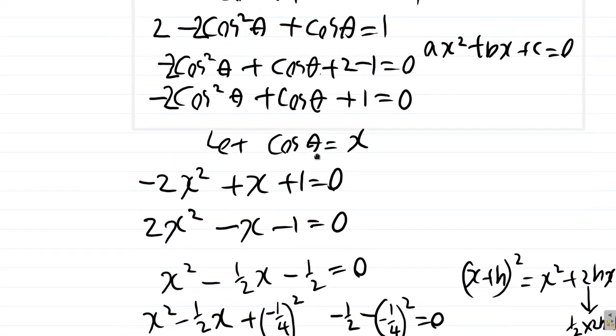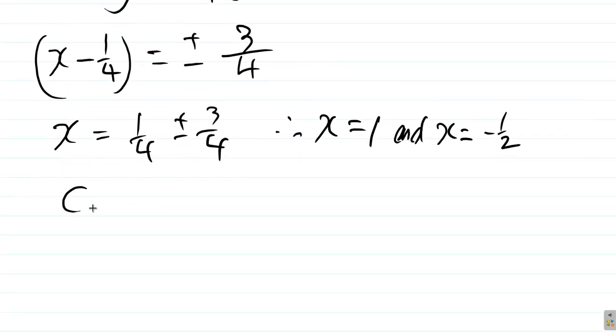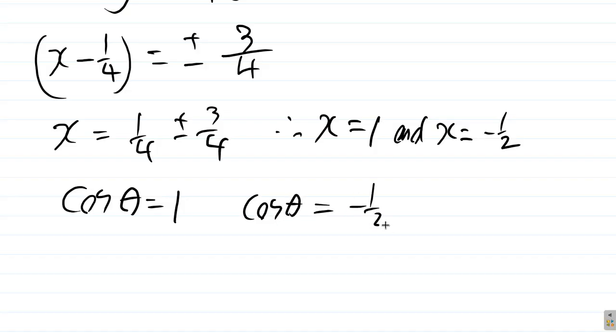X was cos theta. So cos theta is equal to 1, and cos theta is equal to negative half. Alright. Now, here, you are going to find out what these really are.